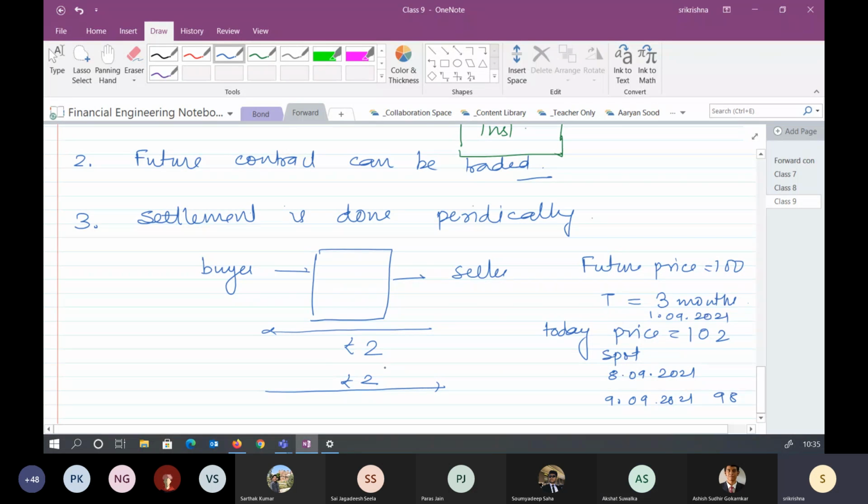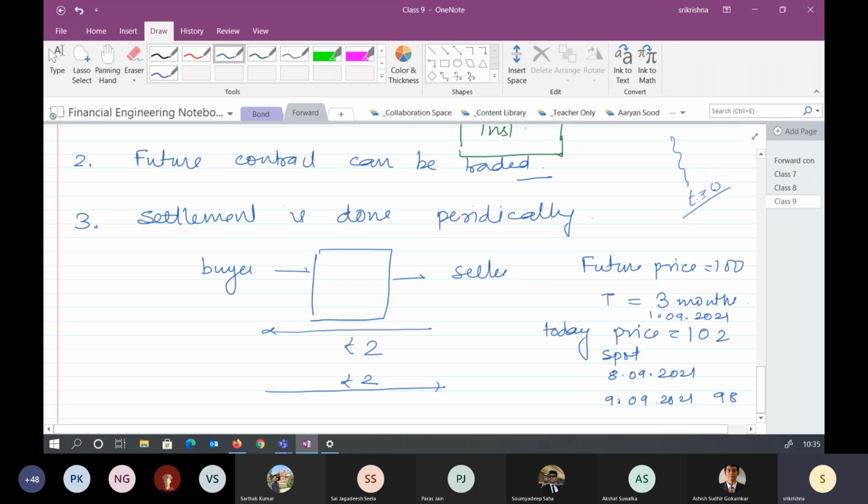This 100 rupees is the future contract price which they have agreed whenever they bought it, till the expiry, depending on whether they bought it the first time when the contract was issued or in the secondary market. So we do not write it as t equals 0. Because this future contract has a secondary market, we don't know from where it has started.